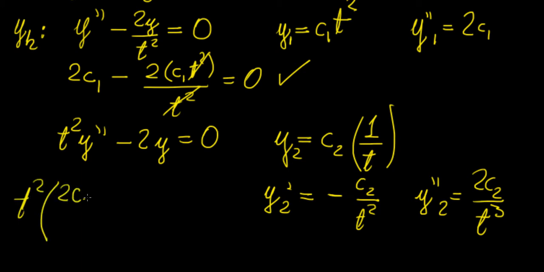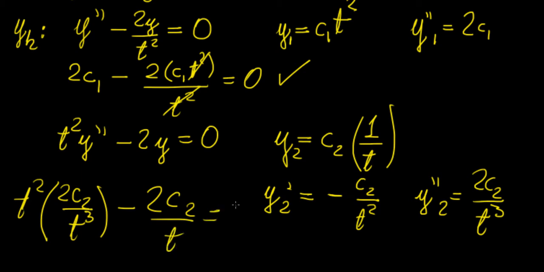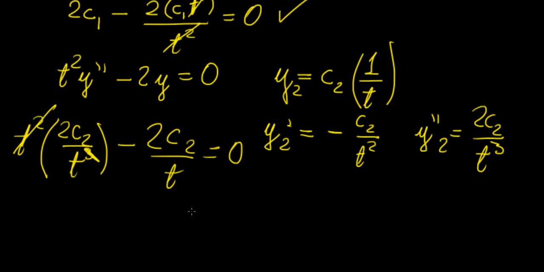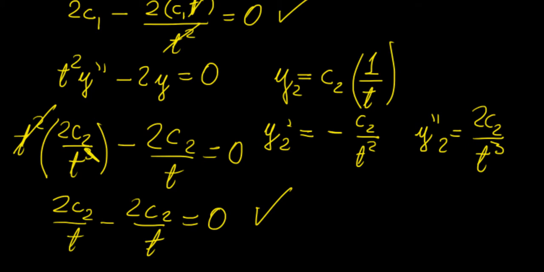So it's 2c2 over t cubed minus 2 times c2 over t equals 0. So this is going to cancel out with this. So in the end, we're going to have 2c2 over t minus 2c2 over t. And yes, this actually satisfies the equation.